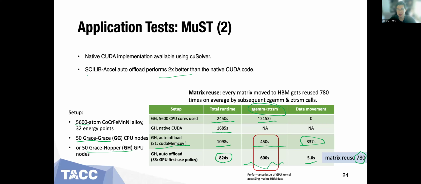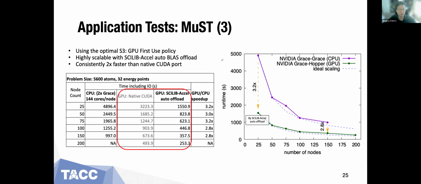And there's a performance issue: when a GPU kernel accesses unaligned malloc HBM data, it is much slower than accessing cudaMalloc data or aligned malloc data. It's a problem I reported to NVIDIA about half a year ago, and they have not solved it. And they're too busy selling their GPUs, I guess.